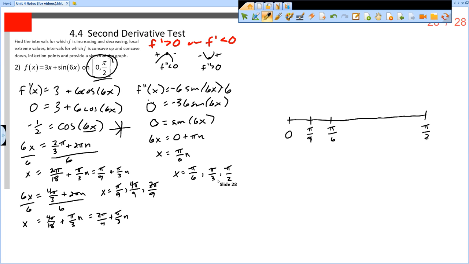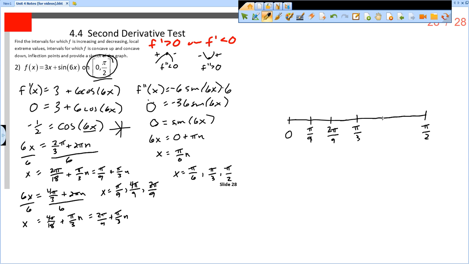Remember, pi over 3 is 3 pi over 9, and 4 pi over 9 would be after that, but we also have 2 pi over 9, so that has to occur on there as well. So I apologize. I want to make sure I have pi over 9 and 2 pi over 9. Then we have pi over 3, which is 3 pi over 9.